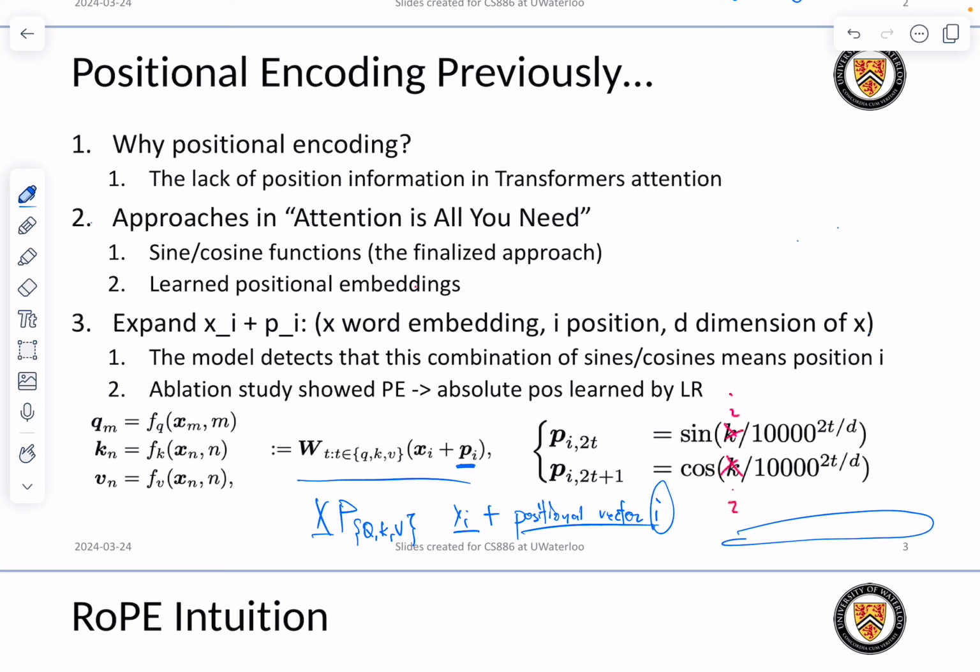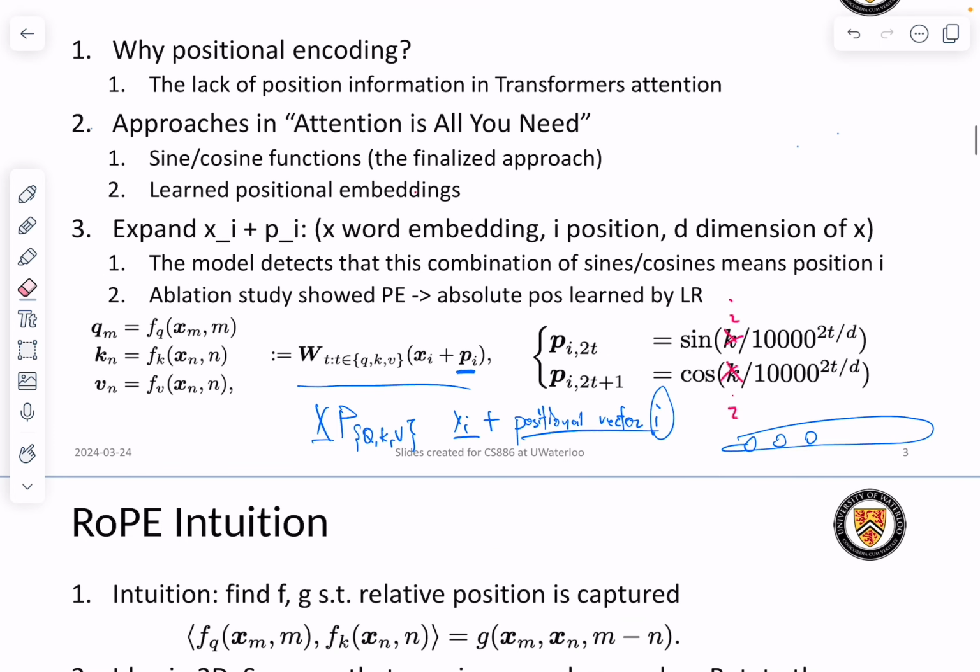At even indices, we add sine of i over 10000 to the power 2t over d.